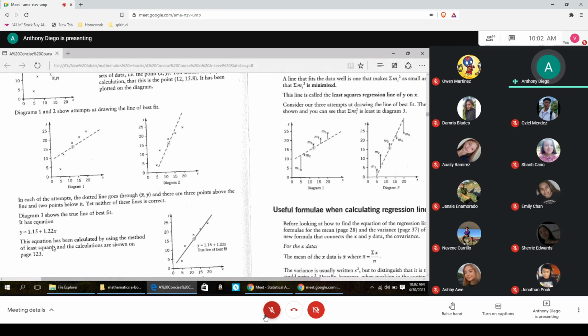This equation has been calculated using the method of least squares, which I'll be showing you how that is done. Using the method of least squares, the calculations are shown on page 123, which we're going to be looking at shortly. And if you notice here, this is the correct line.